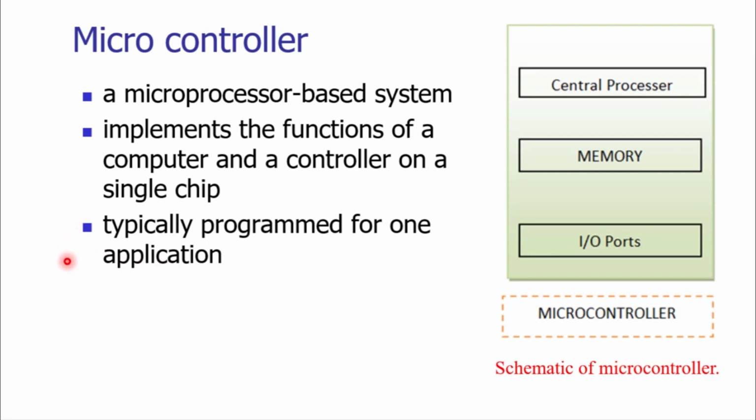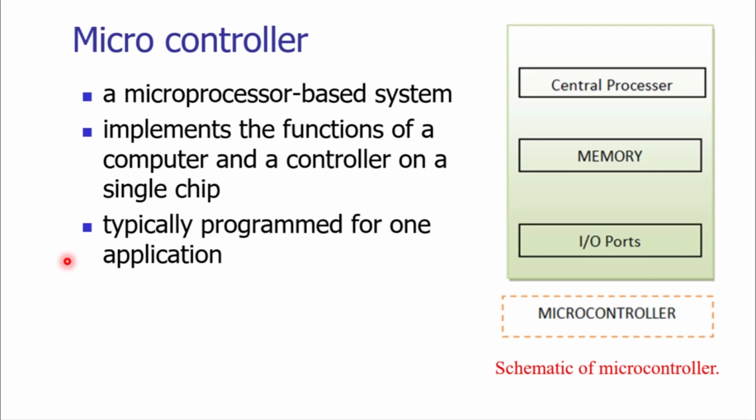It is generally programmed to carry out a few applications, a simple operation, say control of temperature in an electrical furnace. If the set temperature is exceeded, then cut it off. So for one or two applications, the microcontrollers are used. Again, I'm giving the example of the washing machine.